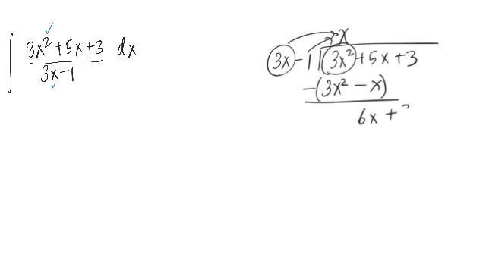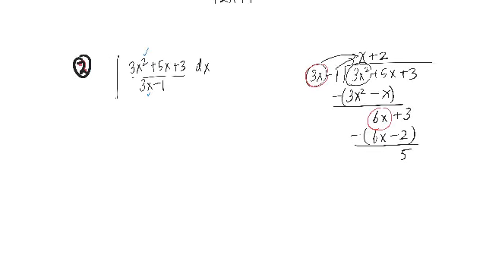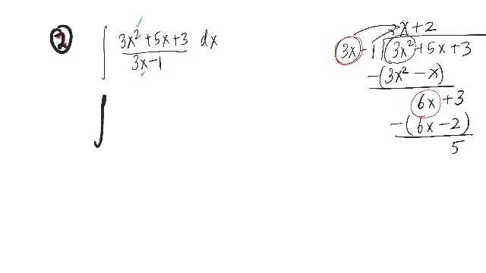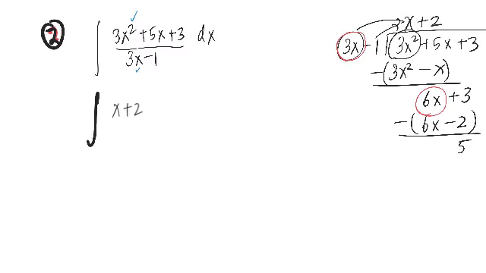So I bring down the 3. Then divide again this leading term by this leading term to get plus 2. Multiply 6x minus 2, subtract to have a 5 down here, and nothing left to bring down. So my answer to the division problem, which is what I have to write in the integral now, is x plus 2 plus, this is a plus 5, so it's plus 5 over 3x minus 1 dx.